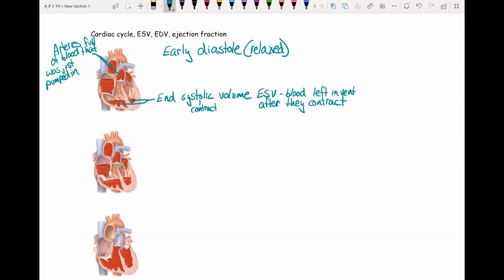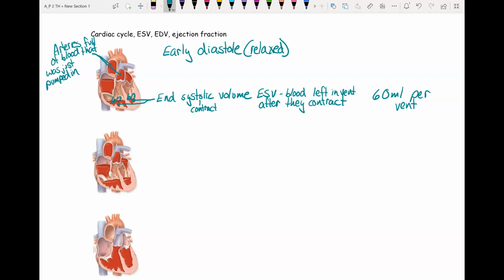In general, this is going to be 60 milliliters, and that is per ventricle. All of these numbers are per ventricle. So you have 60 milliliters here, and you have 60 milliliters here. That's the leftover blood after the ventricle contracts. Notice also that all valves are closed.